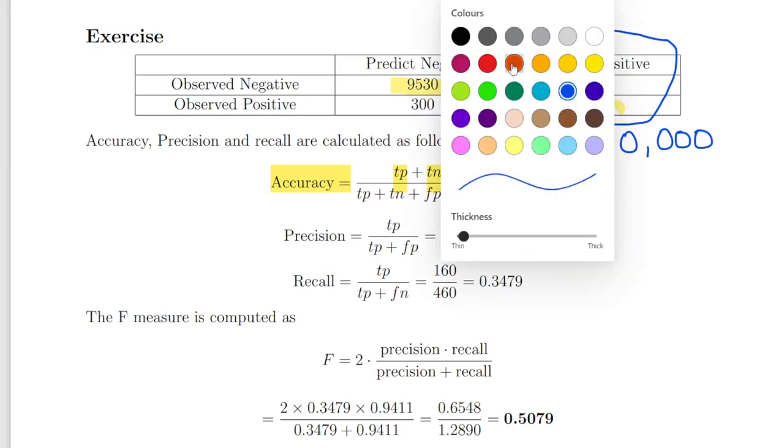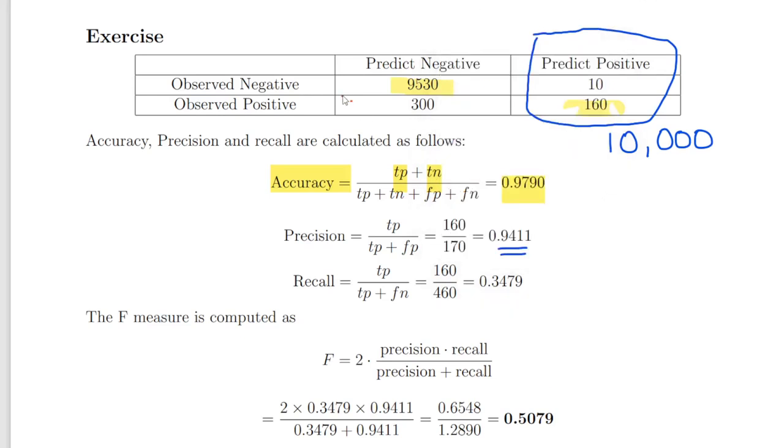But we want to catch as many positives as possible. We want to do as well as we can at finding out if a positive observation can be classified correctly using our system. So here we're looking at the recall.